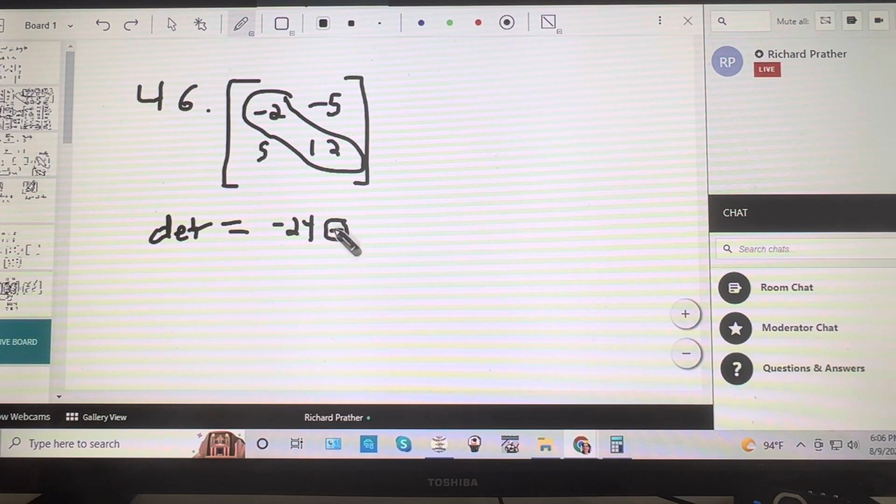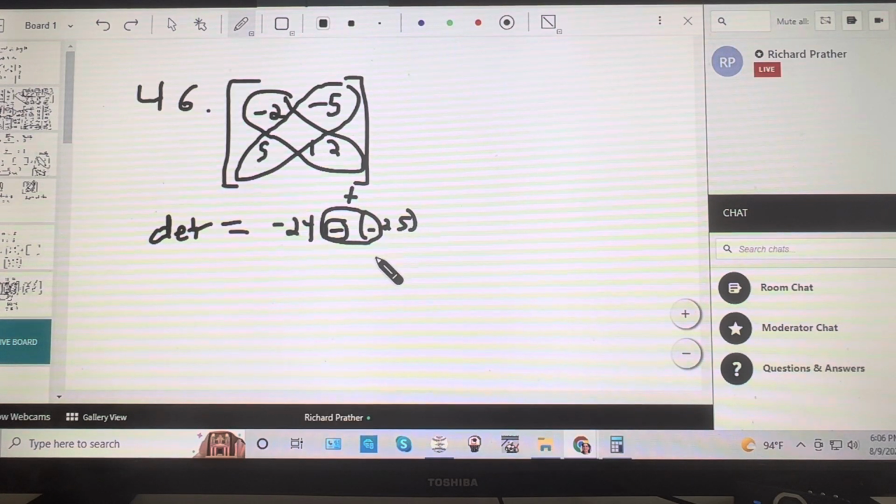Now you may be doing minus a 25 or you may be doing minus a negative 25. This one's minus negative 25. But if both of these were 5s, it could have been minus 25. So if it's a double negative, then it does switch to plus. Otherwise, it stays minus. Negative 24 plus 25 is 1.